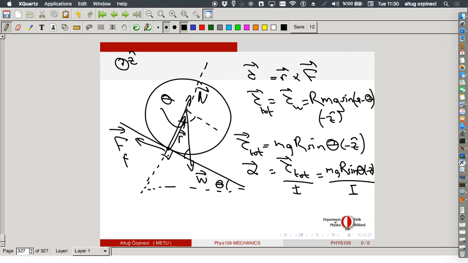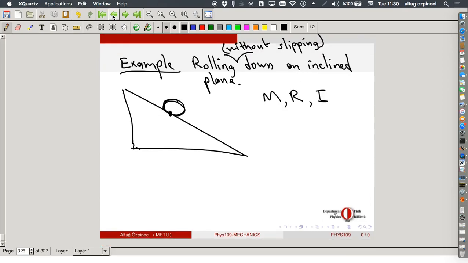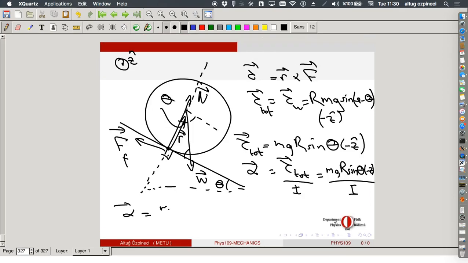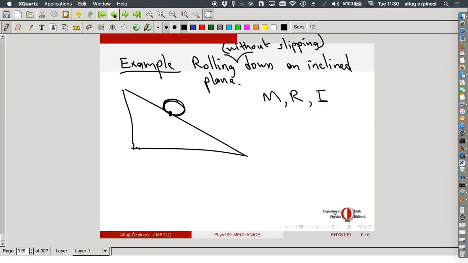We calculated the moment of inertia of a wheel for rotations around its center, and that was mr squared. This is not rotating around its center. So alpha is equal to mgr sine theta over I in the minus z.